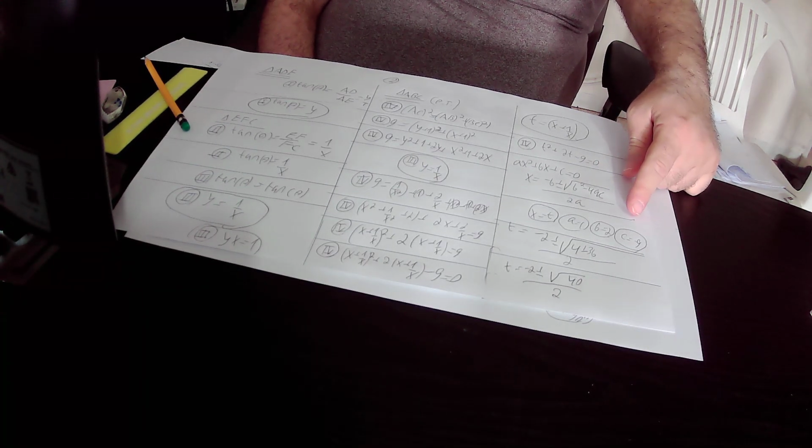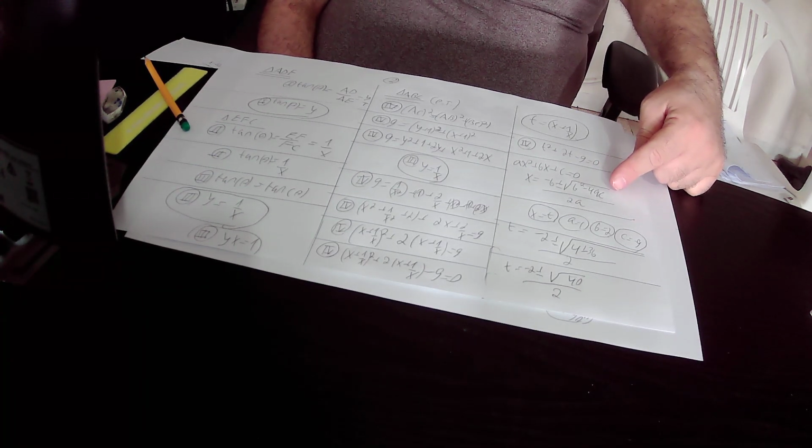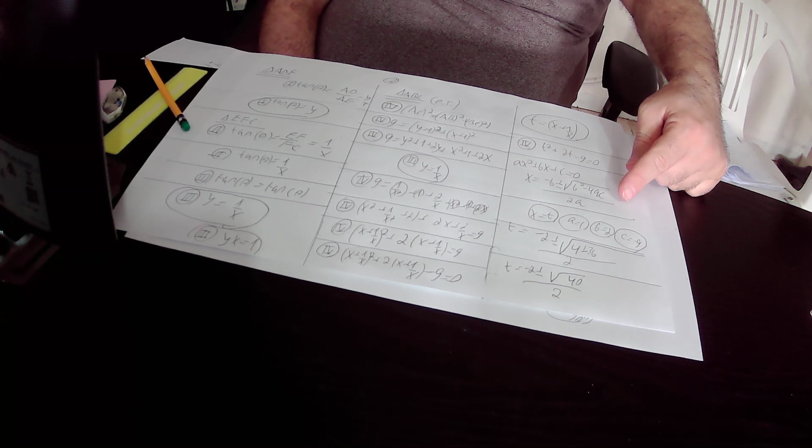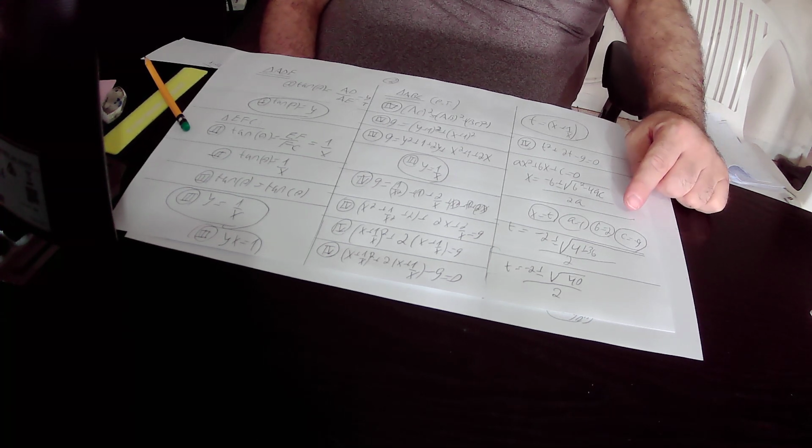So we put that data inside the formula, where in our specific equation x is equal to t, and we got that t equals minus b. B is 2, so minus b is minus 2, plus or minus the square root of b squared.